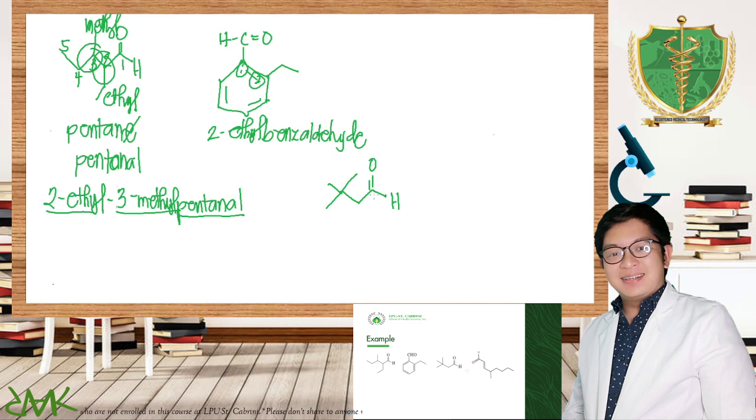This is carbon 1, carbon 2, carbon 3, carbon 4. So we have 3,3-dimethylbutanal.